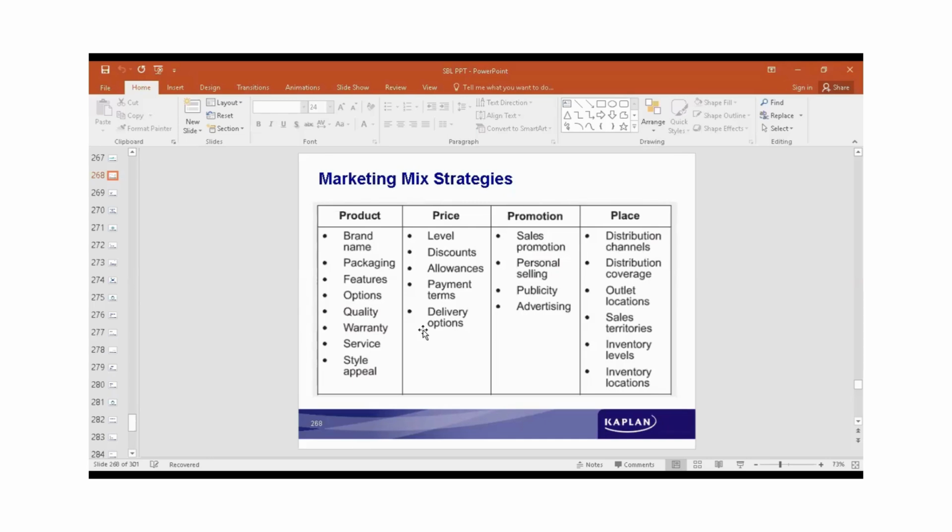See the pattern of payment depending on that, and the delivery options which are included. So about the price, the promotion, how would they promote? Sales promotion, personal selling, publicity, advertising, and the place talks about the distribution channels, coverage, outlet locations, sales territories, inventory levels, and inventory locations.